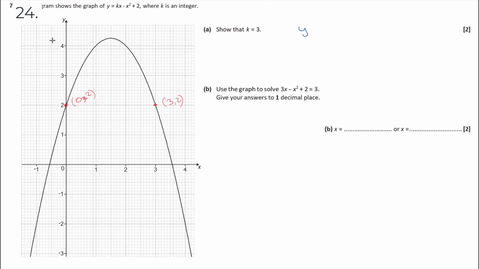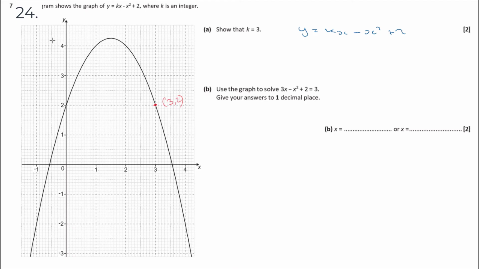So if I've got y equals kx minus x squared plus 2, and I know it passes through that point I just picked off, which is 0, 2. So subbing that in, 2 is equal to, now thinking about it, I'm not going to be able to use this one because x is 0, and then my k term will disappear.